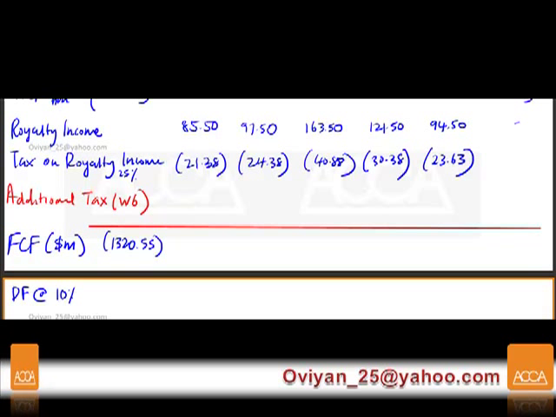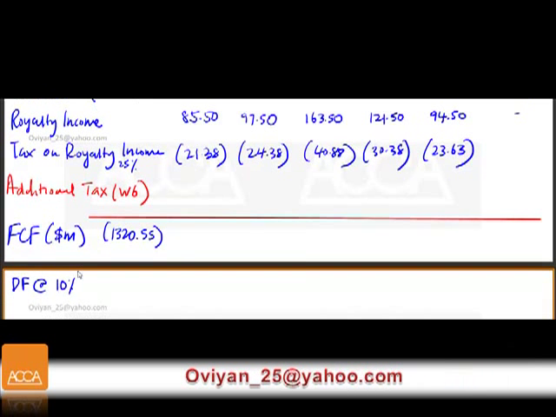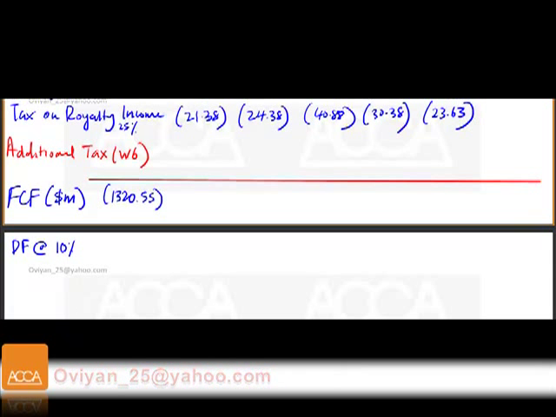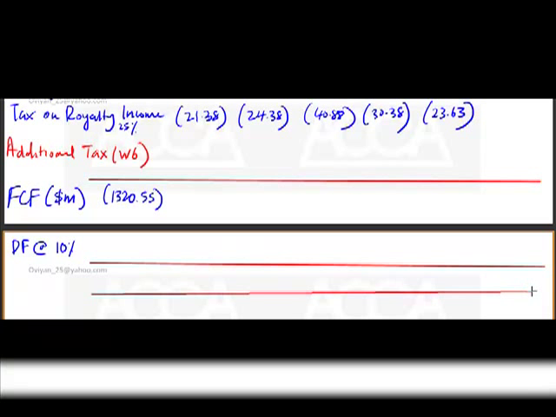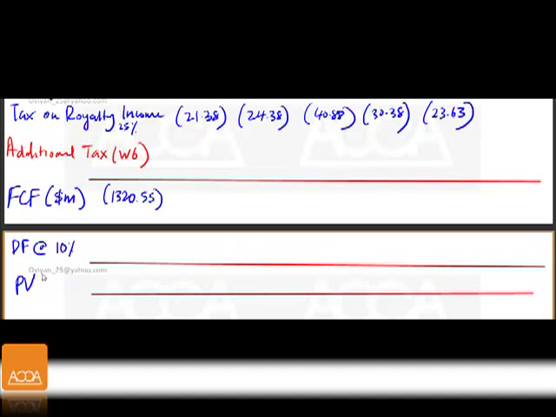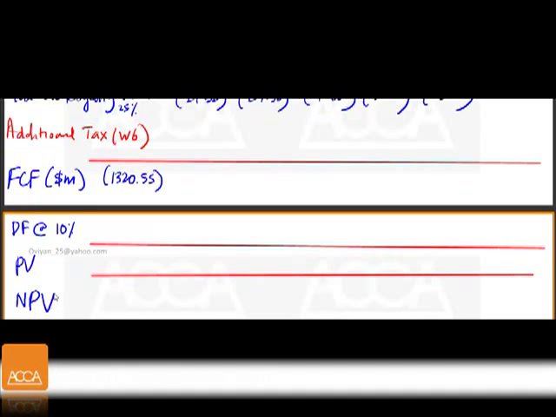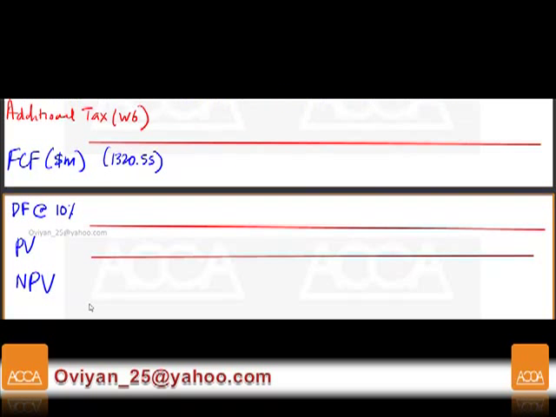Paragraph number 13, they say there's no risk changes in the profile. So we're going to have that 10% discount factor, and we're going to sum this up to get the present value, and we're going to get here NPV. So the NPV that we're going to get here is going to be written down here.